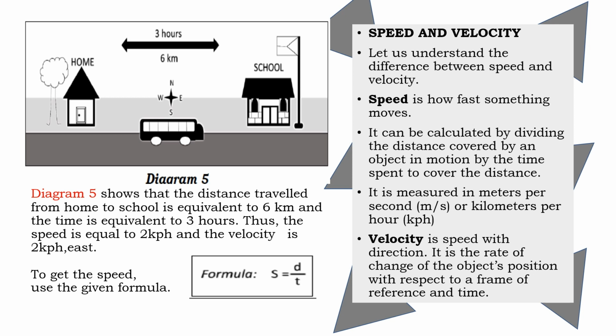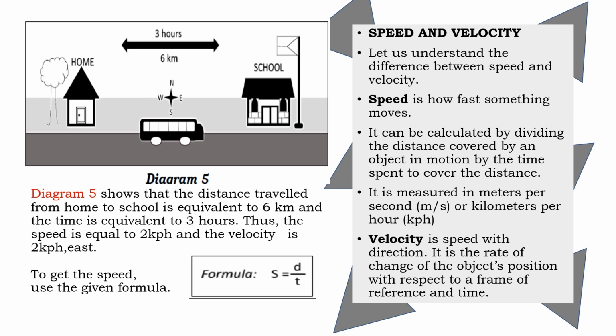When we talk about speed, what does it mean? Speed is how fast something moves. It can be calculated by dividing the distance covered by an object in motion by the time it spent to cover the distance. Speed is measured in terms of meters per second or kilometers per hour.